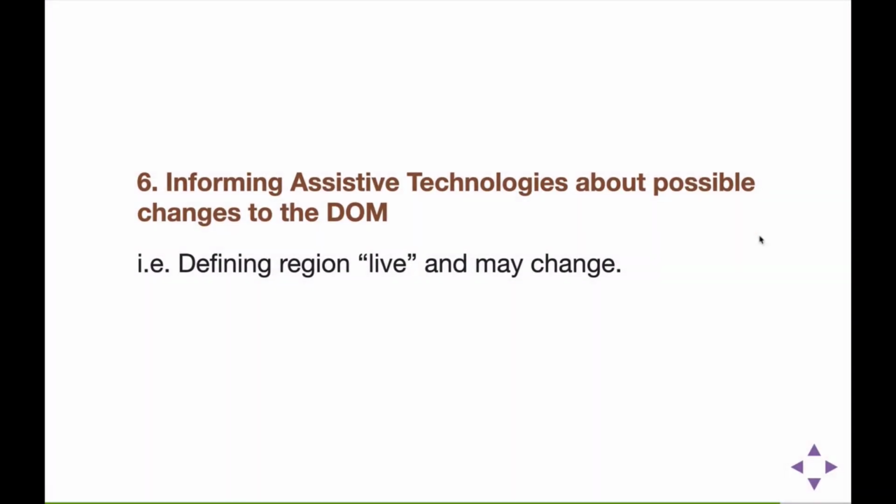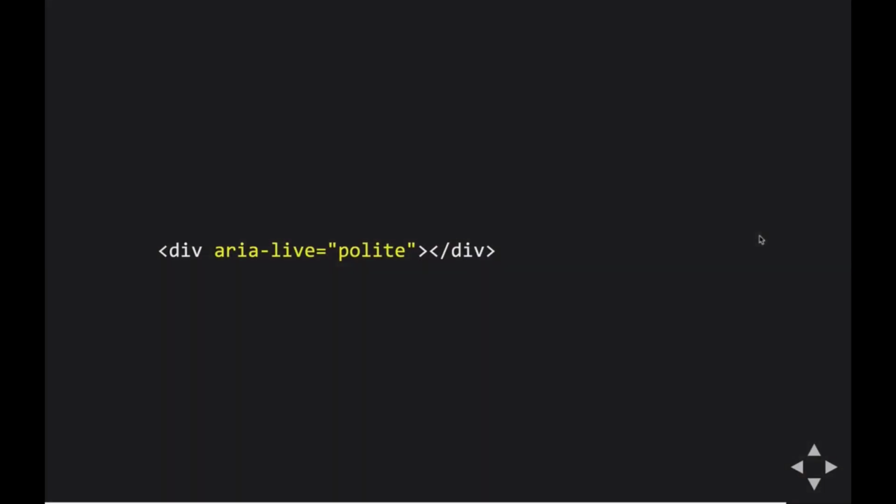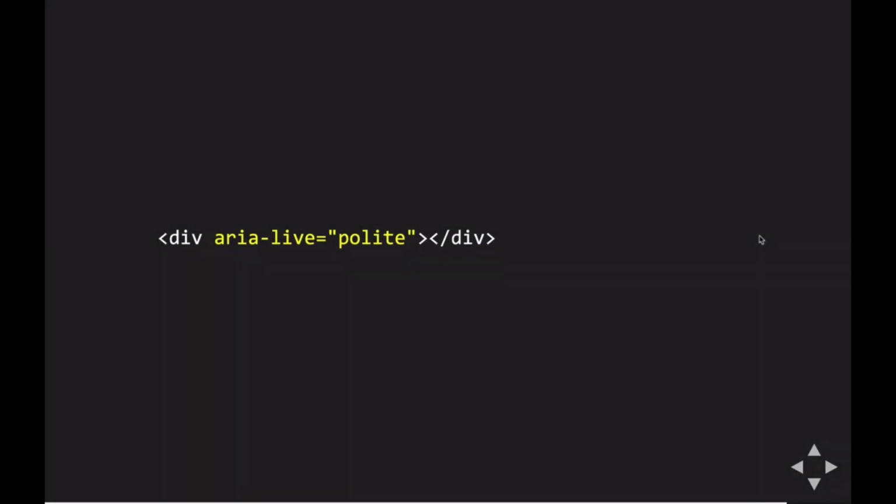And number 6, informing assistive technologies about changes to the DOM. That's what ARIA can do through live regions. An example could be a div with aria-live polite. We could also do something like role equals alert.